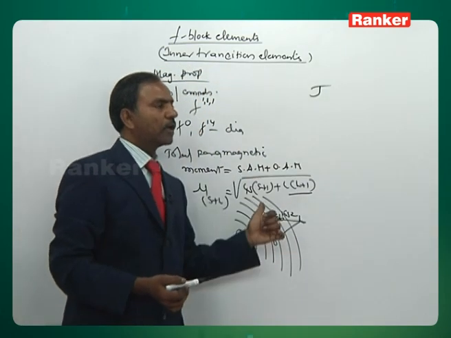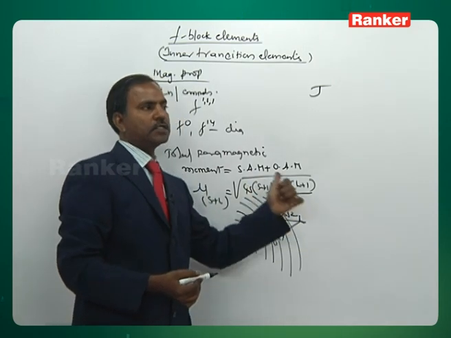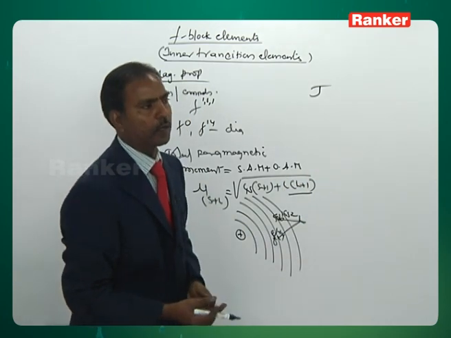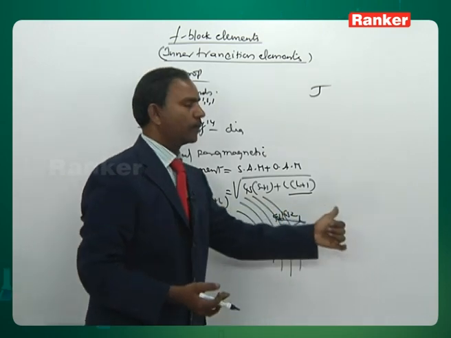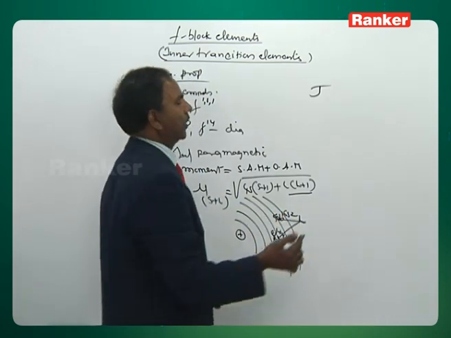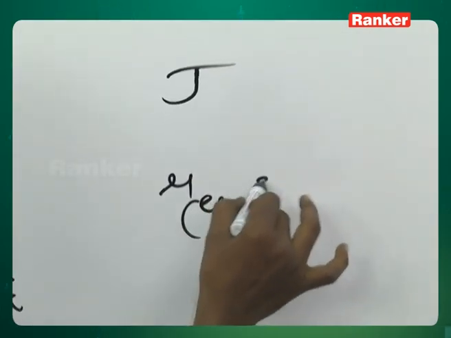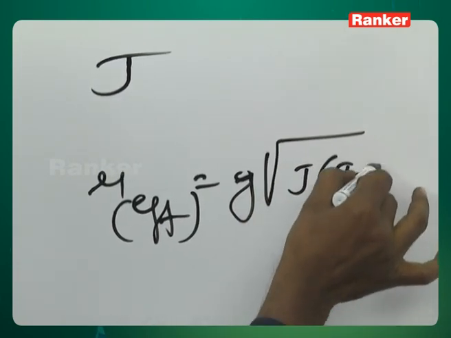The resultant quantum number of spin angular moment and orbital angular moment, represented by capital J. Therefore, instead of using such a big equation, you can apply a small equation: mu effective is equal to g into under root of J into J plus 1.